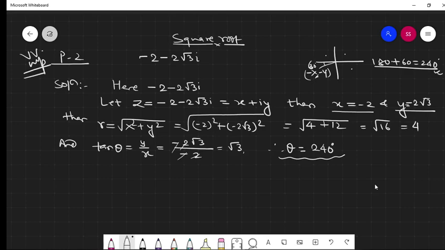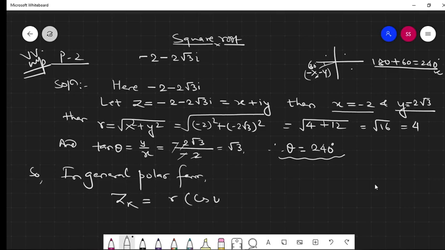So now we have to move on. In general polar form, we can suppose zk equals r times cos of theta plus k times 360 degrees, plus i sin of theta plus k times 360 degrees.